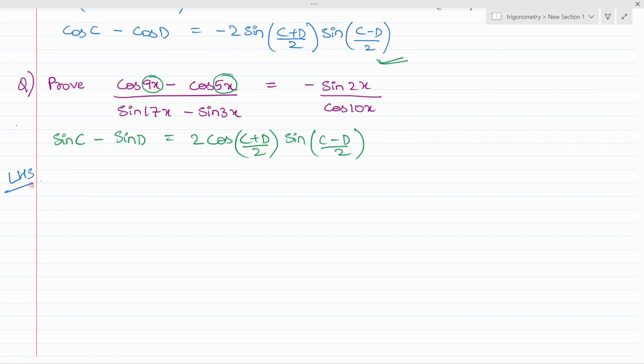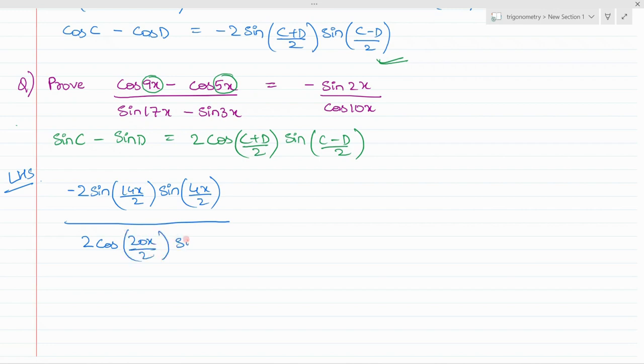So from LHS, in the numerator use this formula, that is minus 2 sin of (9x plus 5x is 14x) by 2 into sin of (9x minus 5x is 4x) by 2. And in the denominator it is 2 times cos of (17x plus 3x is 20x) by 2 into sin of (17x minus 3x is 14x) by 2.